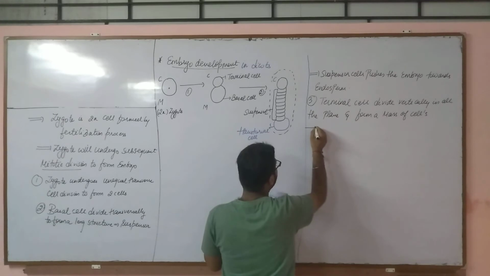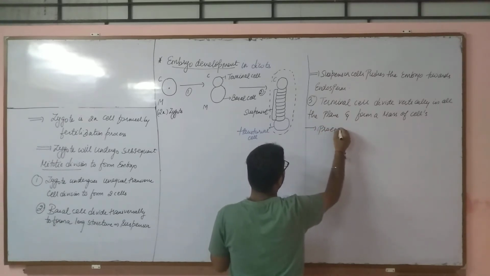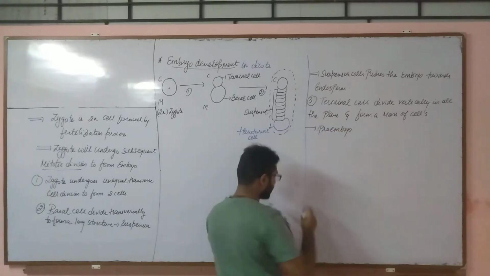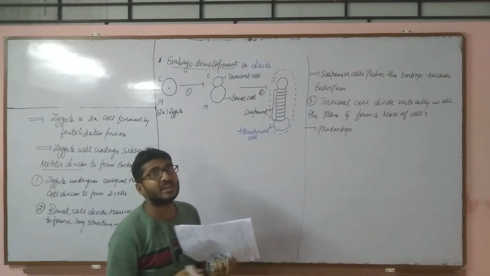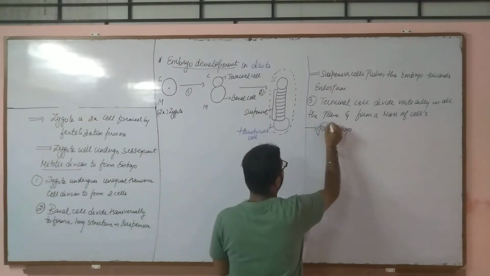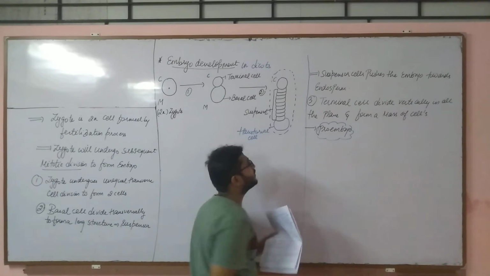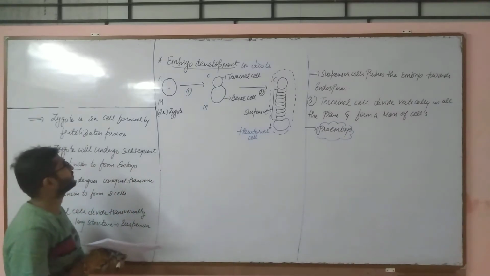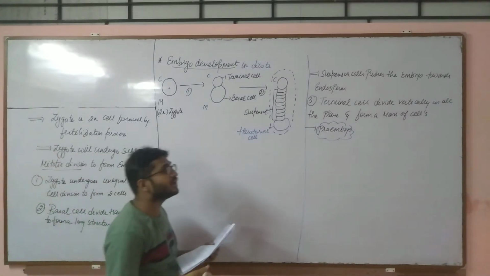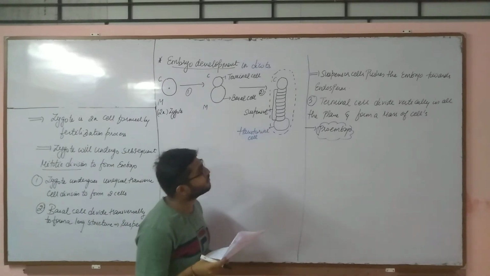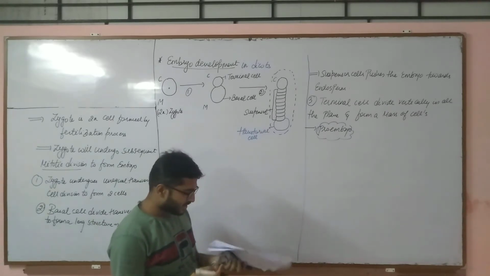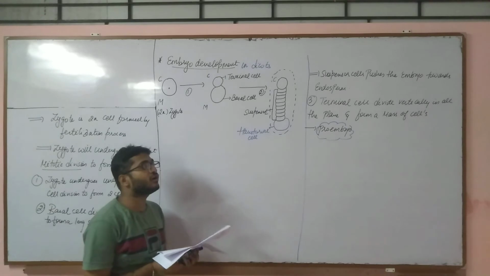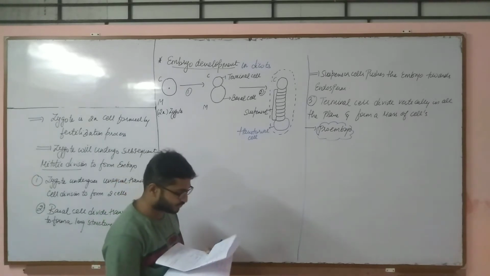This mass of cells is called the pro-embryo. This is a very important stage of development of the embryo in the dicot. So the terminal cell divides vertically to form a mass of cells, and this mass of cells is called the pro-embryo.